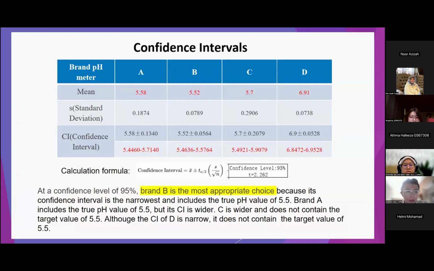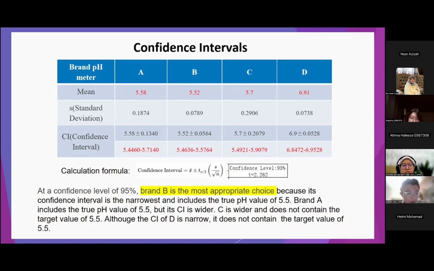From the table, we can see brand B. This interval is narrower than the CI of brand A, suggesting higher precision. The mean of 5.52 is very close to 5.5, and the confidence interval contains the true pH value of 5.5, indicating both accuracy and precision.